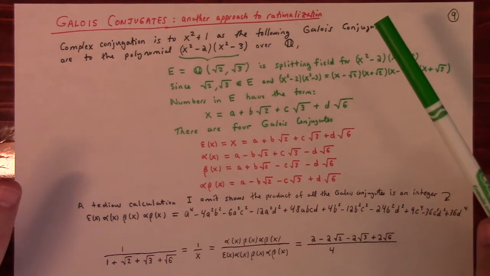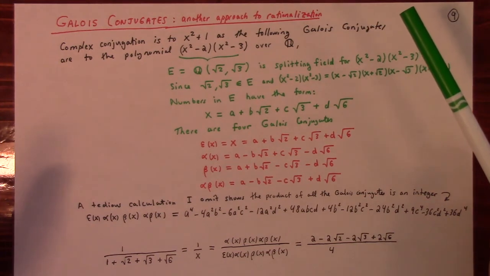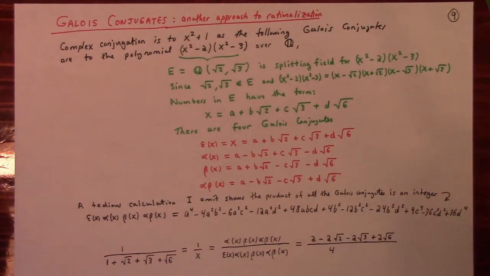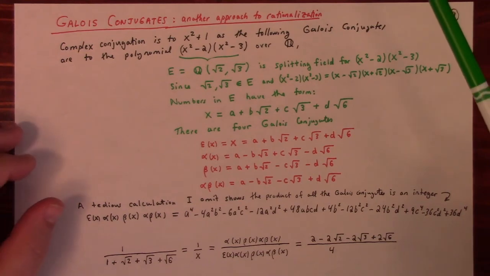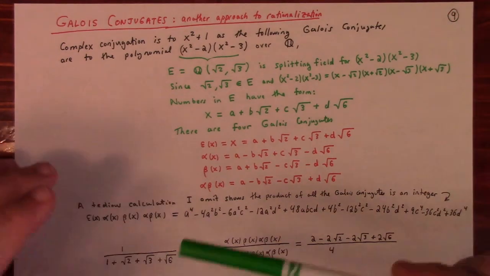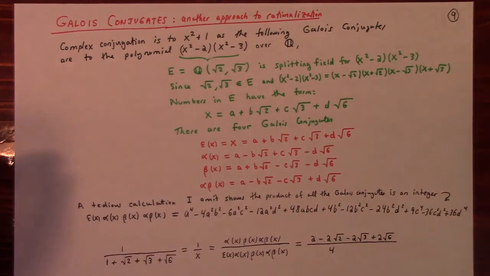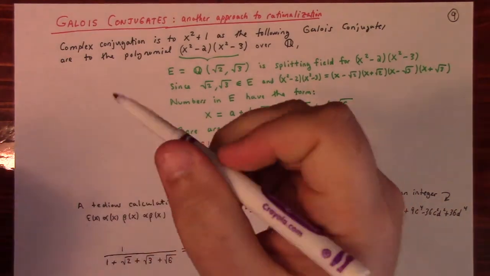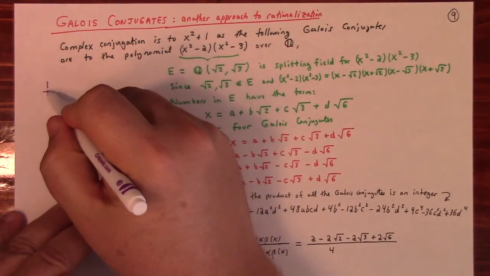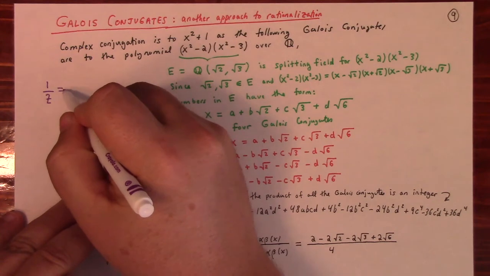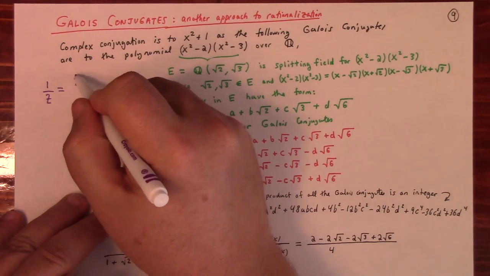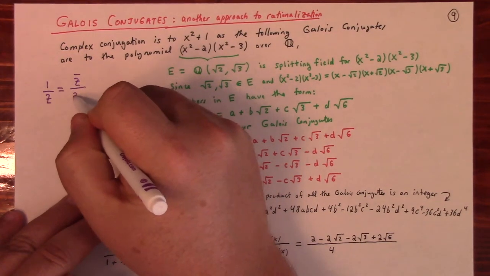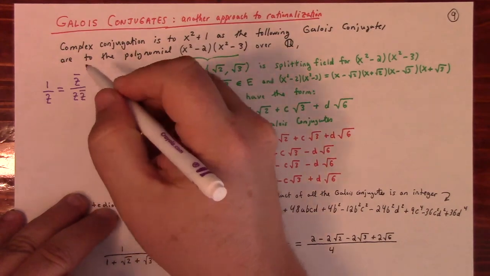The concept of complex conjugation, right, is the first example of what's called a Galois conjugate. So if you think about it, the way we calculate the reciprocal of a complex number, what do we do? We do 1 over z, and we do the complex conjugate over z times z bar, right?